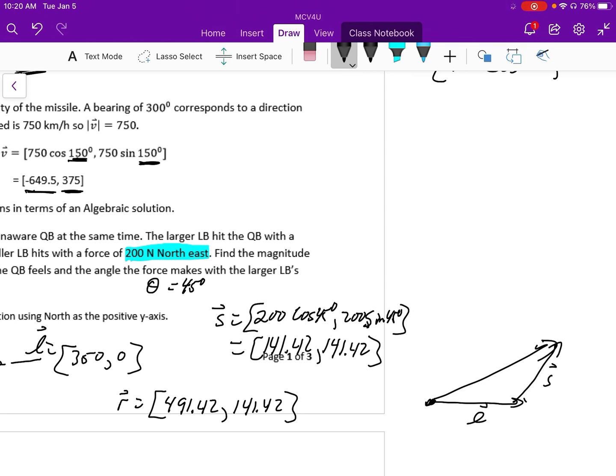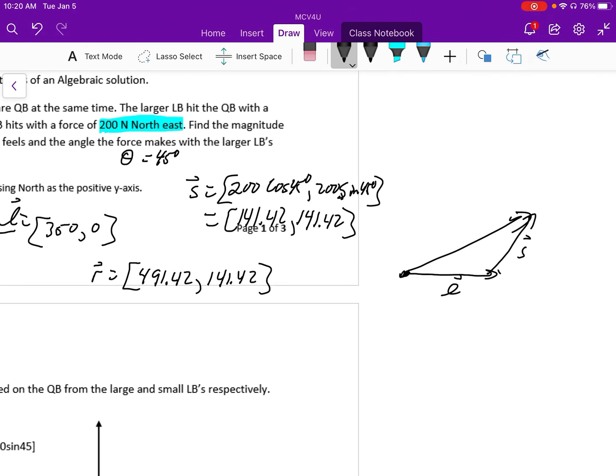There's our vector. What we don't know is the magnitude of that, but we can calculate it. We know that the magnitude is the square root of the x squared plus the y squared.